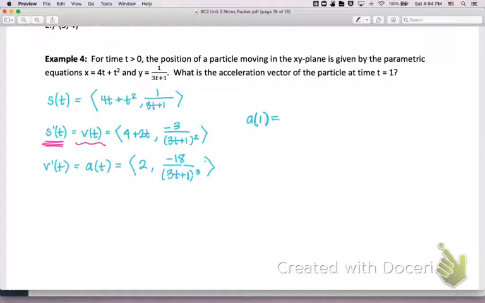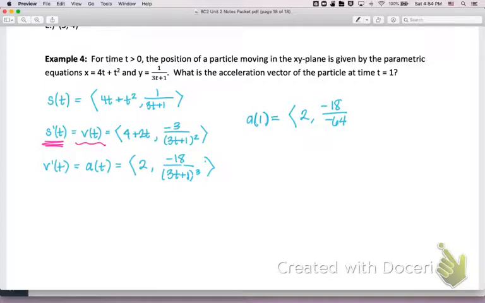I don't know why my pen is writing funny. A of 1, and when we plug in those values, we get 2, because that one was constant, and we end up with negative 18 over negative 64, I believe. Hold on, I think I might have copied that wrong. I did.